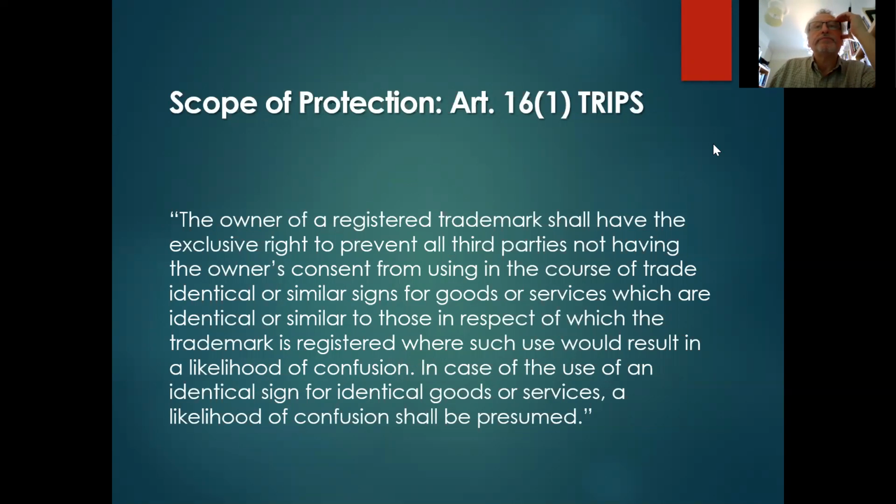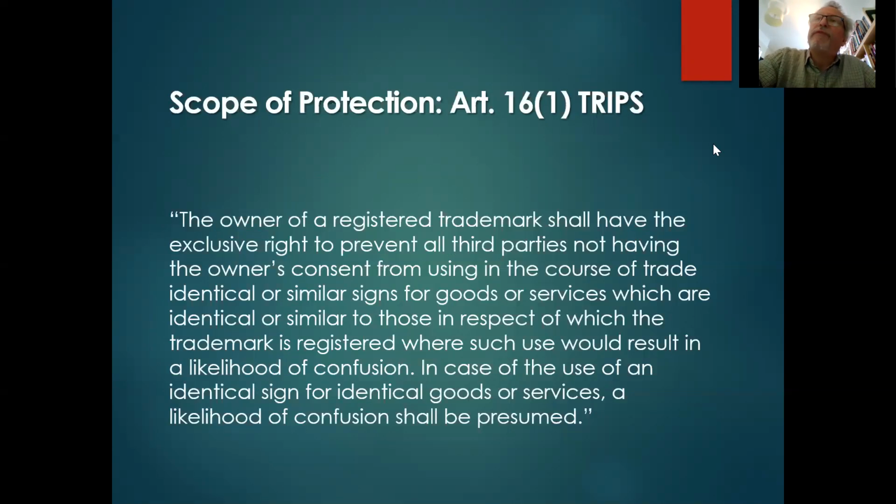And therefore, there's the scope of protection, the right to prevent all third parties without consent from using in trade identical or similar signs, which result in a likelihood of confusion. Of course, this goes to the heart of justifying trademarks.